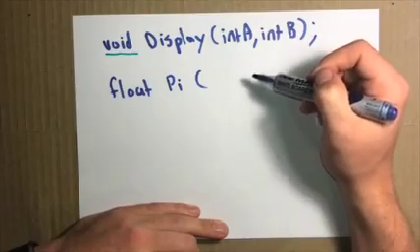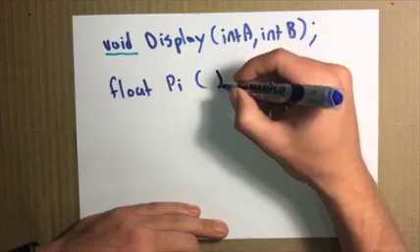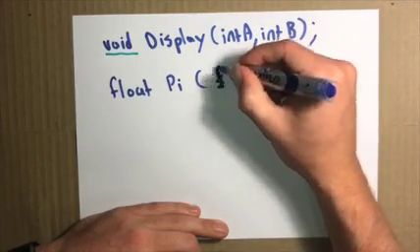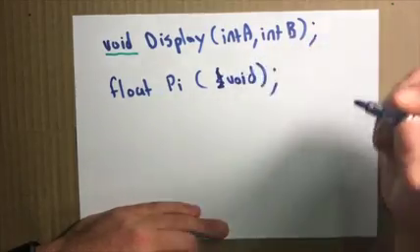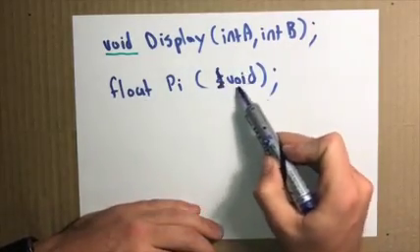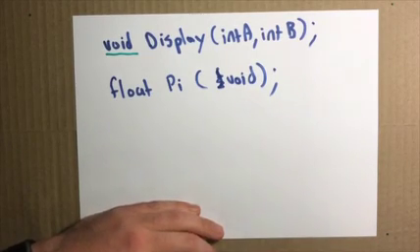We know the value of pi, so we don't need parameters. So we don't have to put anything inside the brackets. Or what we can do is put a void. So this will indicate that there are no parameters, but this function will send something back.